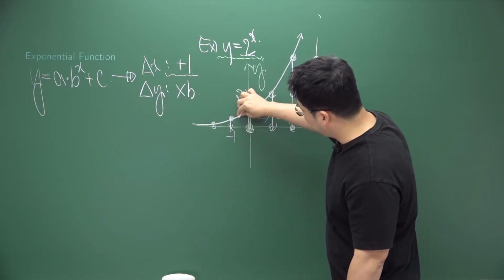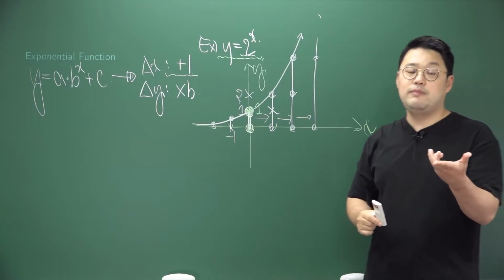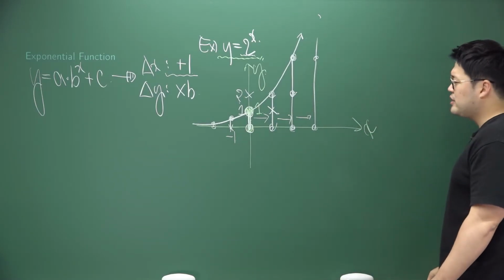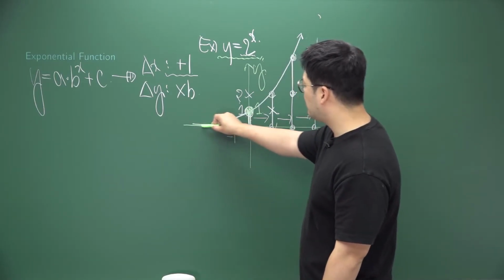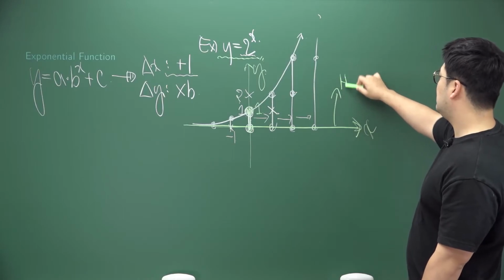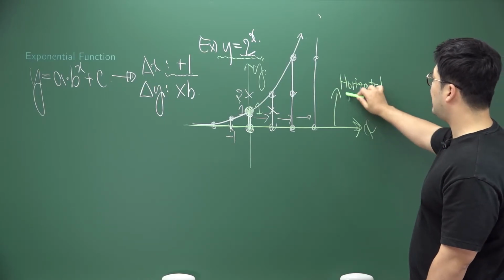So it gets shrunk and shrunk and shrunk, but that segment is never ever going to be 0. So an interesting thing happens: we have the horizontal asymptote.